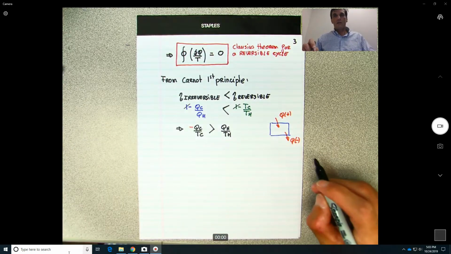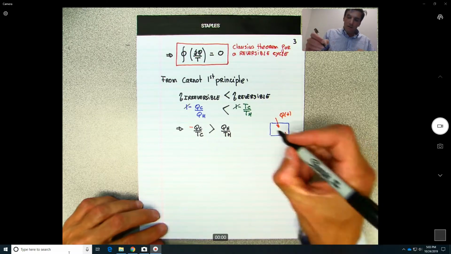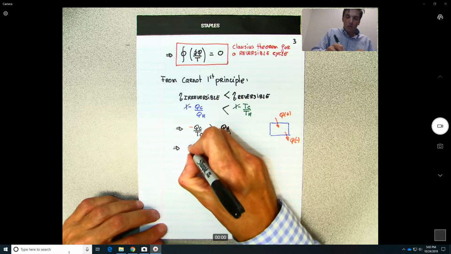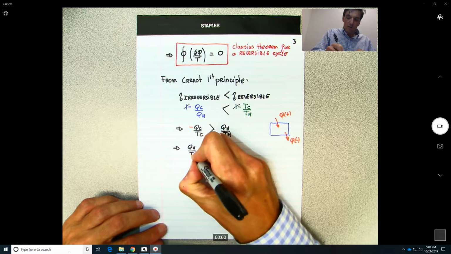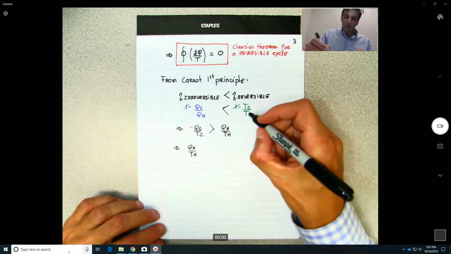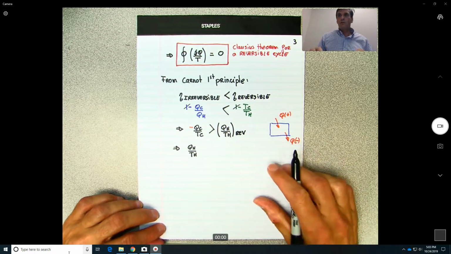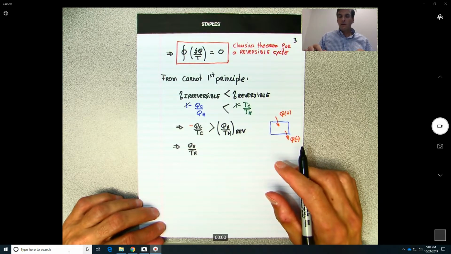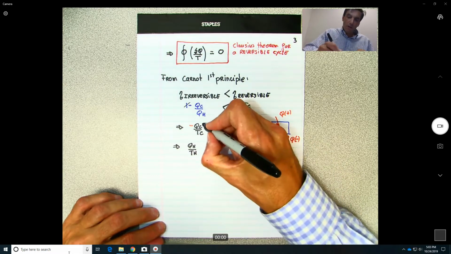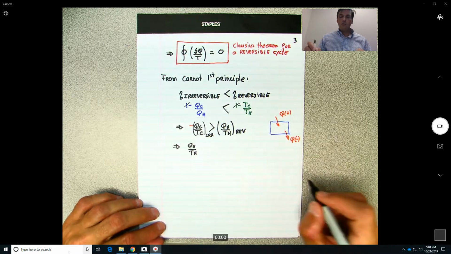And now, what we're going to have from here is Q hot over T hot for the reversible, and this side for the irreversible.